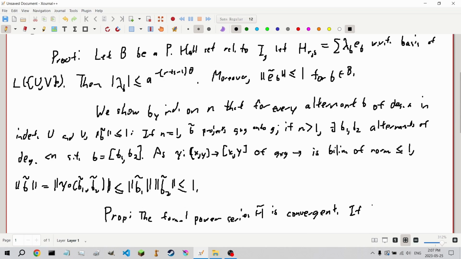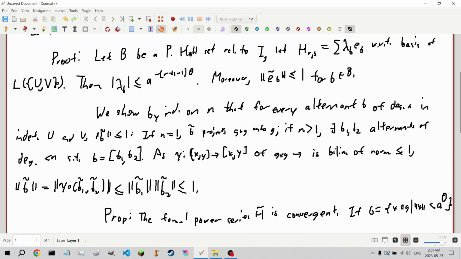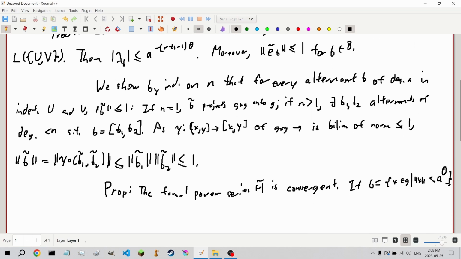If G is the ball of radius a theta by our norm, the domain of absolute convergence of H tilde contains G times G.